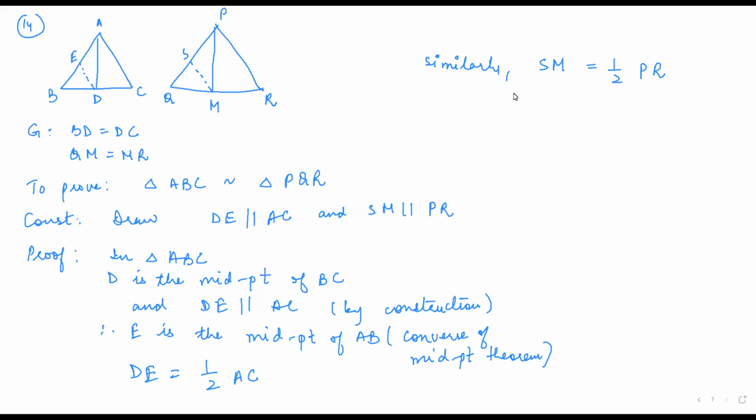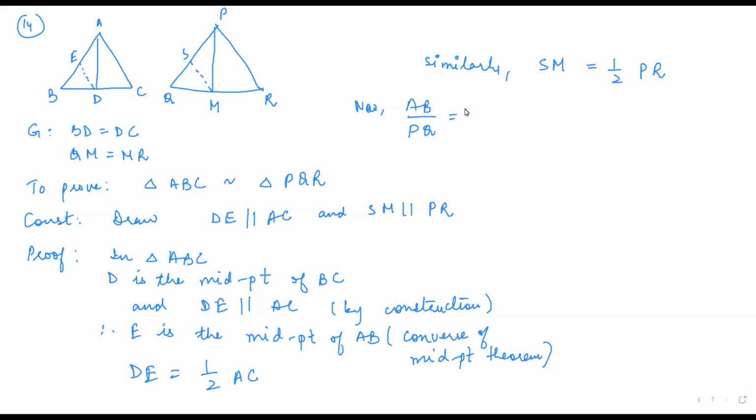So now we come to the similarity part. So if I take AB upon PQ, ma'am, it's already given proportional, right?